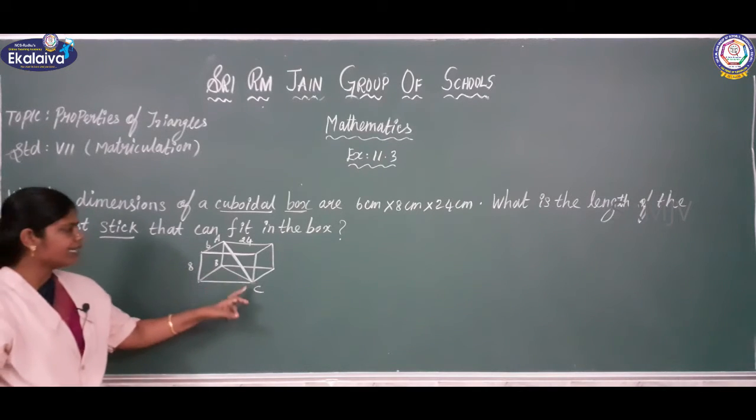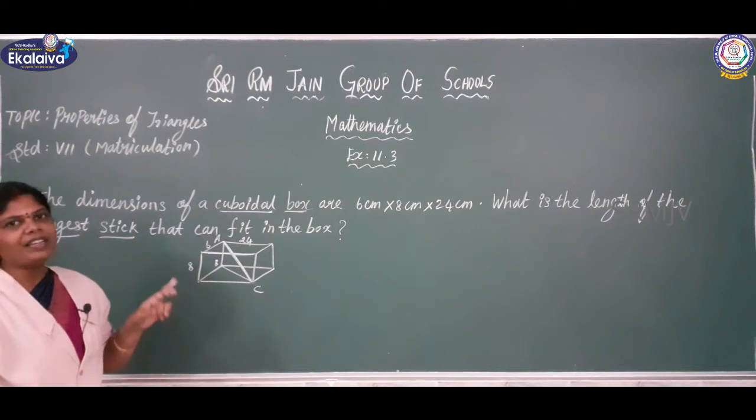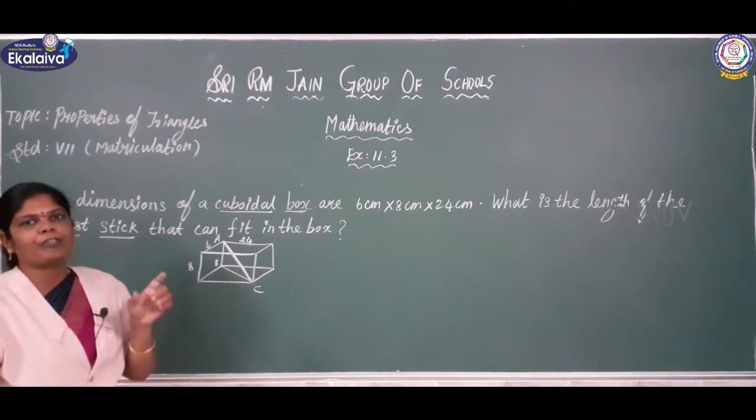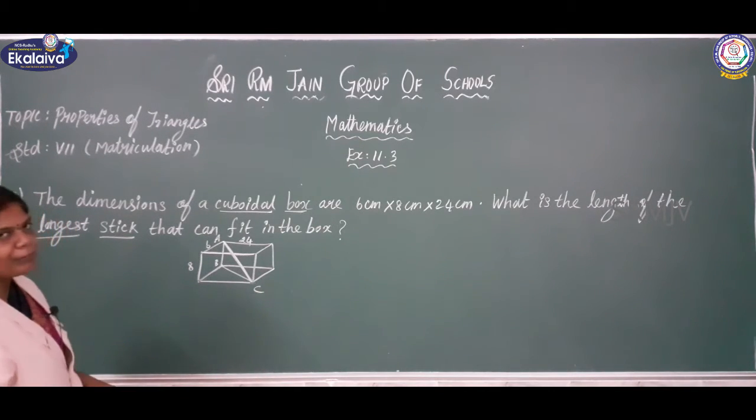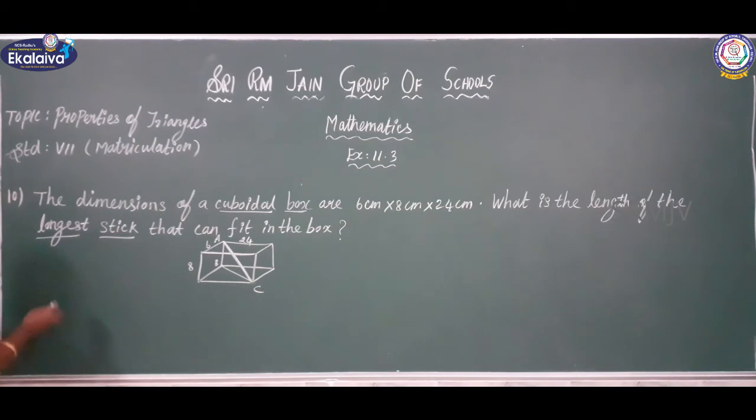So A and C, this is the diagonal of a cuboid. We need to find out the diagonal of a cuboid. We have the formula, and that formula we are going to use to solve this. Here, what are the things given? Length equal to 24 centimeter, breadth equal to 6 centimeter, height equal to 8 centimeter.